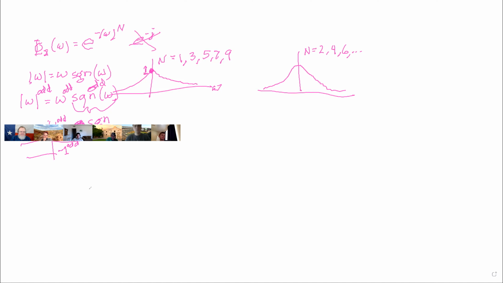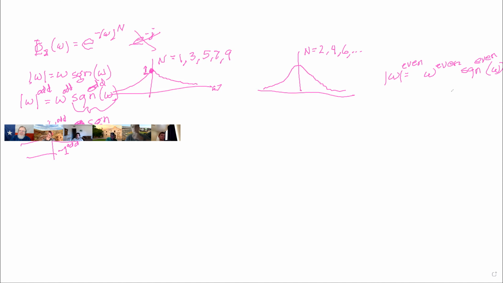Right? So therefore, that's good there. But if you get over here where n is even, you get omega to the even power times the sign of omega to the even power.